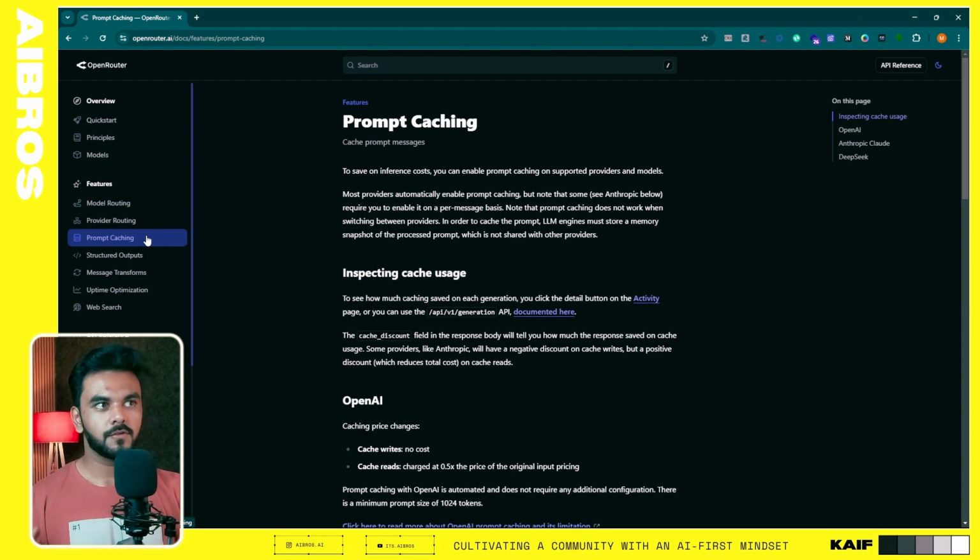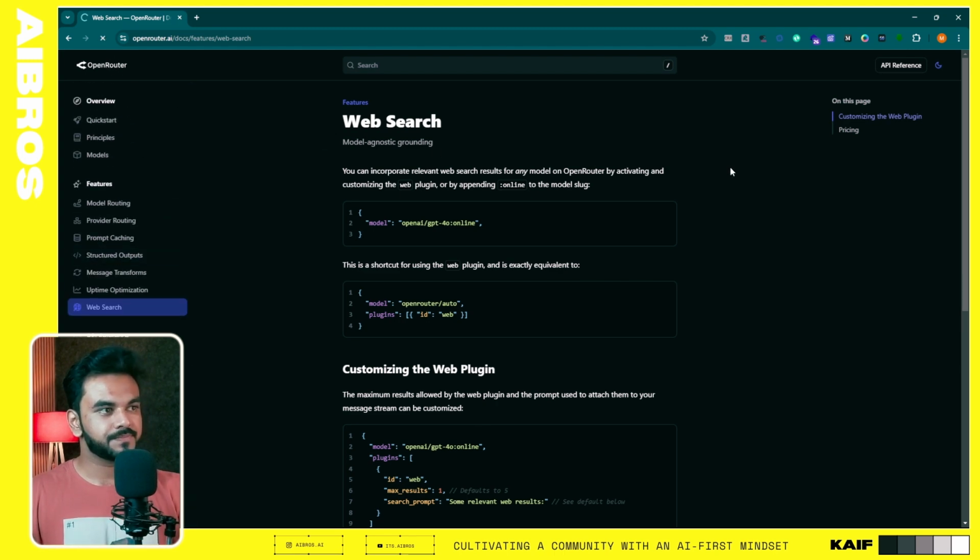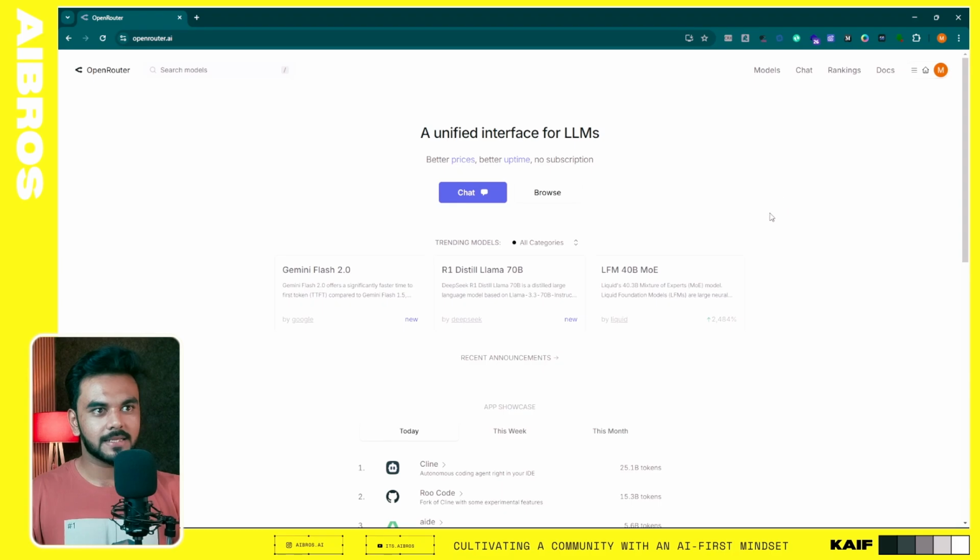So if you have a prompt which should be evaluated every time you make an API call to your LLM, instead of sending that prompt again and again, you can cache that prompt and ask the LLM to remember it and use it whenever I make an API call. So that's called prompt caching. Web search, and plenty of things in the API as well. So I think that is it.